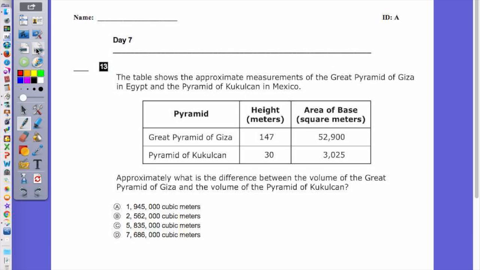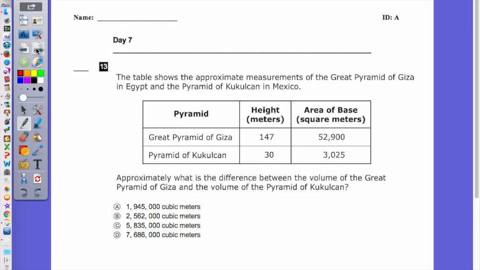Guys, this gives you 2 pyramids. They've already figured out the area of the base of the pyramid, correct? So you take the area of the base, you times it by the height, and then you divide by 3. Why divide by 3? Because it has a pointy top. Not because it's 3 sides; there's 4 sides to a pyramid.